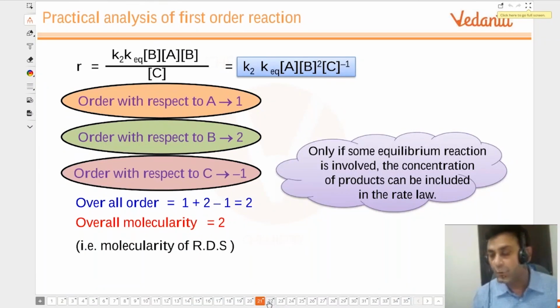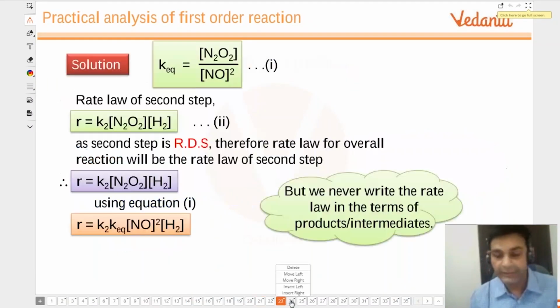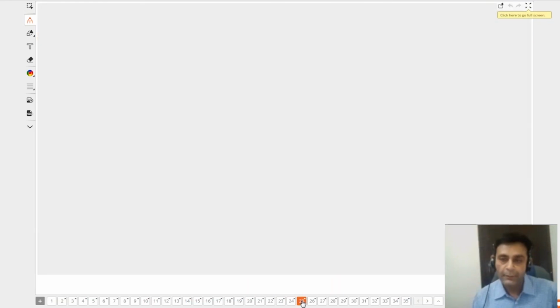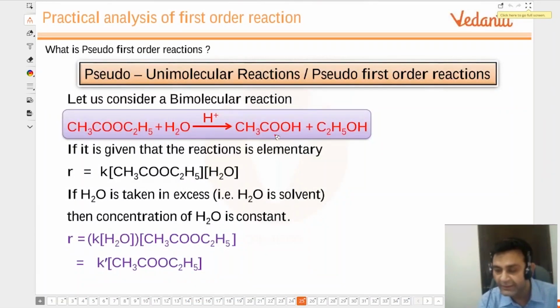Okay, what is a pseudo first order reaction? We'll discuss this very important topic now. Understand here. Let us consider this reaction. It is basically hydrolysis of an ester, right? And if it is given that the reaction is elementary, then rate should be equal to K into the concentration of the ester and the concentration of water.